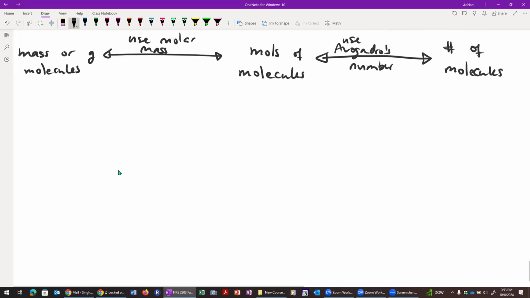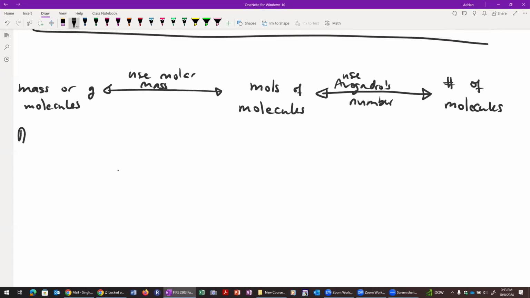So let's put that into practice. Let's say a sample of glucose contains a fair bit. Let's say 1.35 times 10 to the 24 glucose molecules.